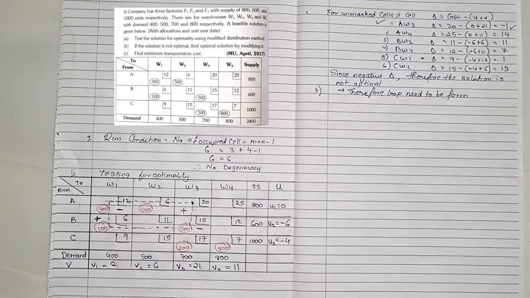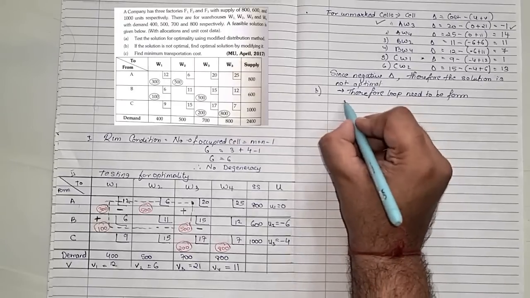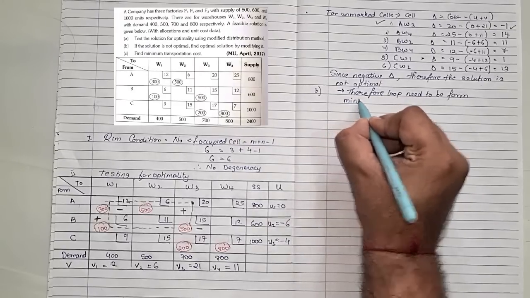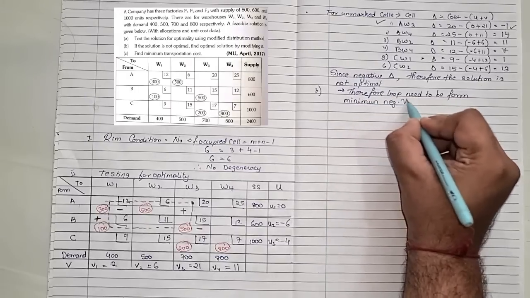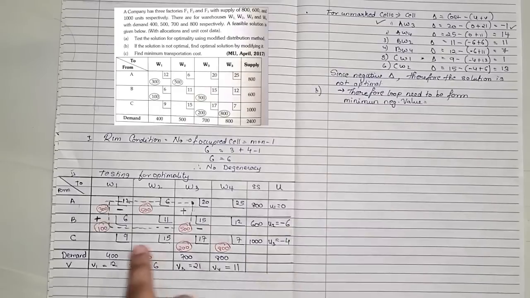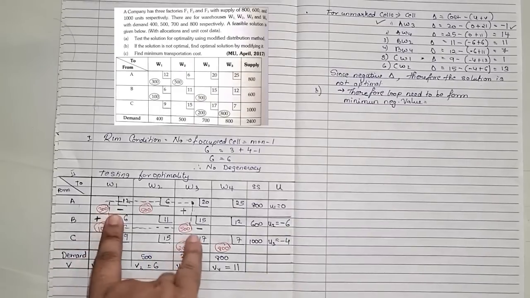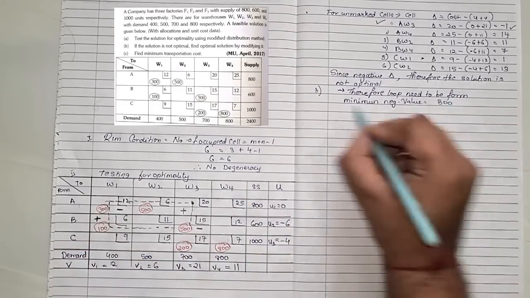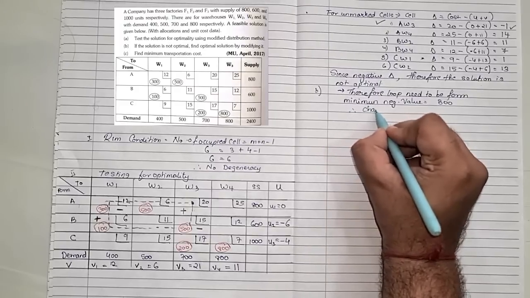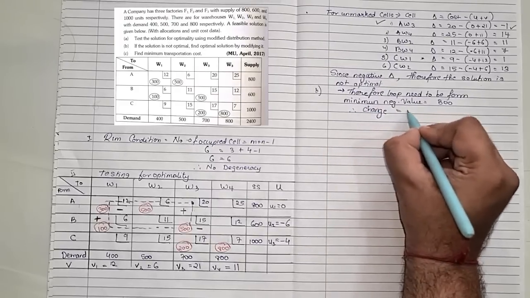Now the rule is after getting this you need to find the change. So I'll write here the minimum negative value. From the negatives, the values are 300 and 500, so the minimum value is 300. So I'll write the minimum negative value is 300. Therefore the change is equal to 300.